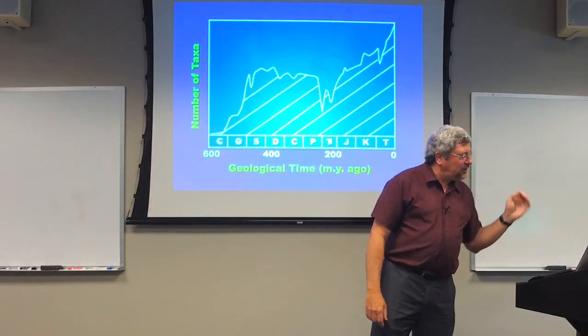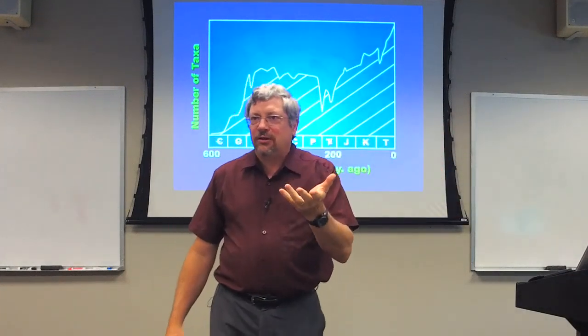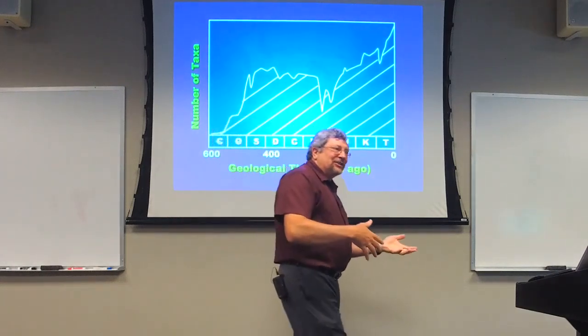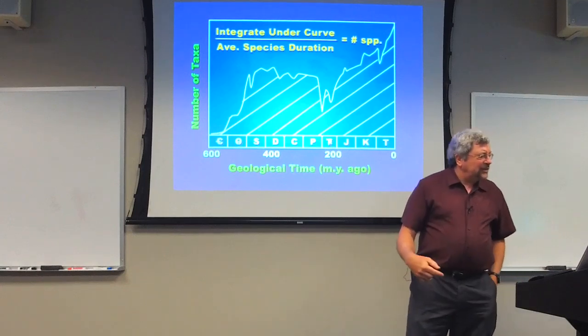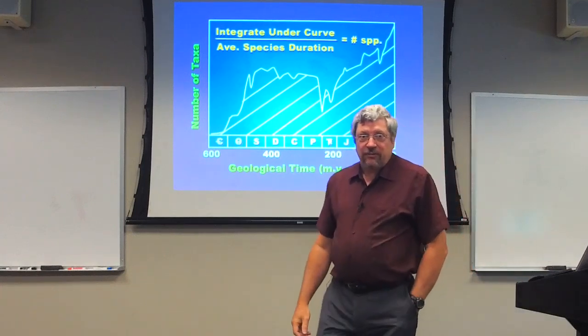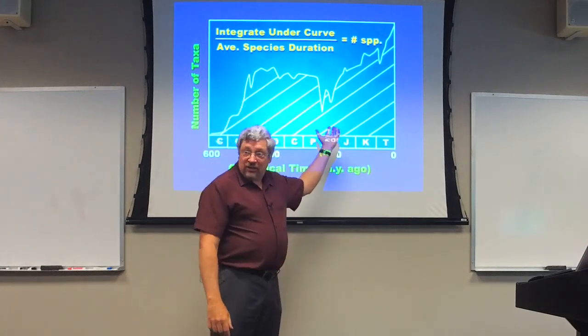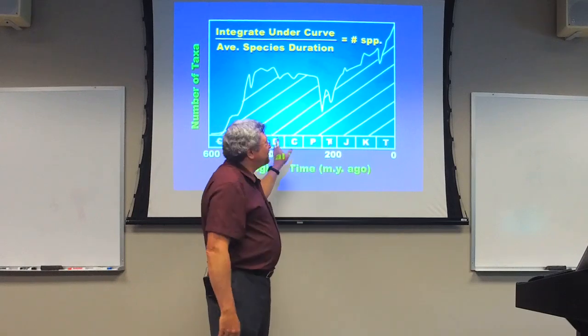So we're going to do the same thing with this curve. We integrate under the curve to get a number of taxa times million years, and then we divide by the average species duration. The average species duration is about 25 million years when you go through all the work to figure that out in the fossil record.